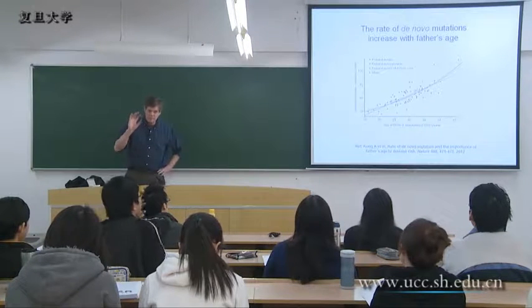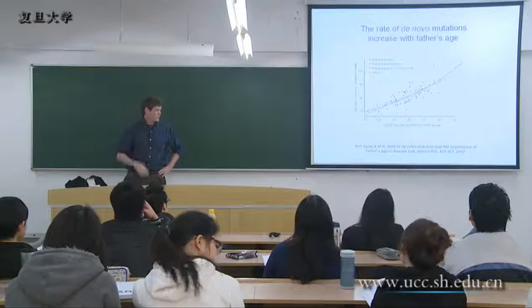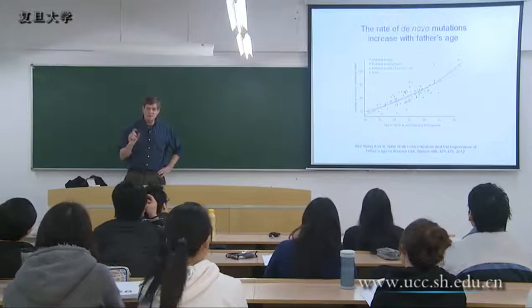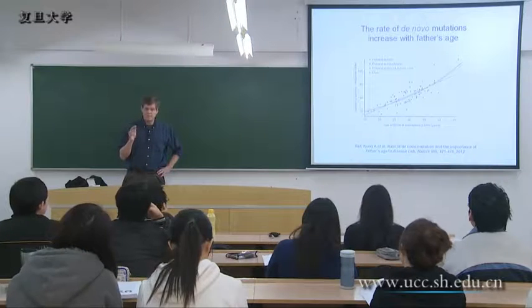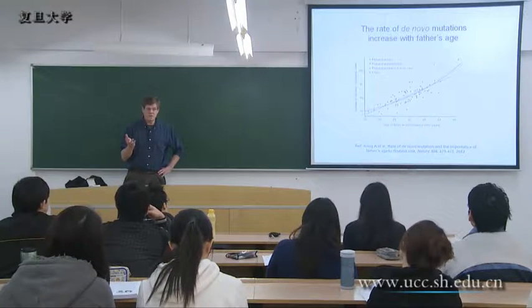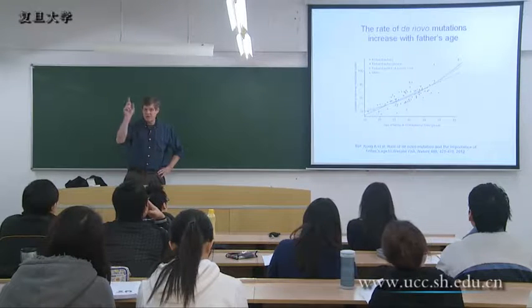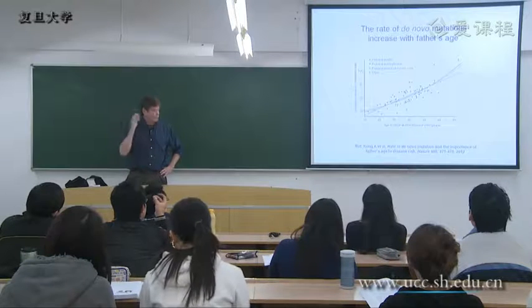We've talked about point mutations and also indels, small insertions and deletions. Last week we talked about the fact that the age of the mother was very important for determining the risk of trisomies, especially trisomy 21. And you saw a very dramatic increase of trisomy 21 and other trisomies with maternal age.